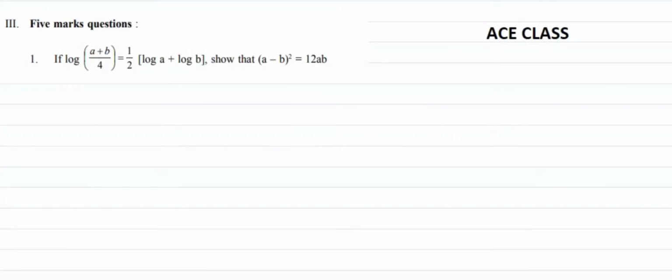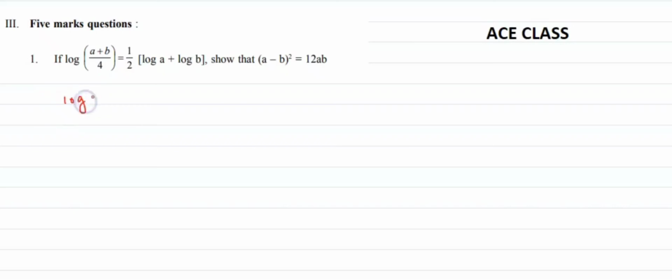Next, 5 more questions. If log of (a plus b) by 4 equals 1 by 2 into (log a plus log b), then show that (a minus b) whole square is equal to 12ab. In order to prove this, if is a condition, you need to use this. So what am I using here?